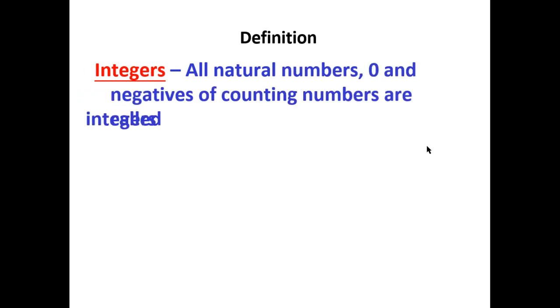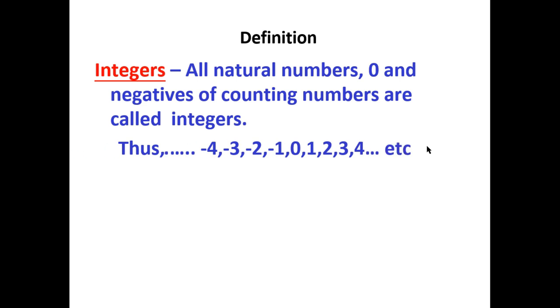Integers. All natural numbers, 0 and negatives of counting numbers are called integers. Thus, -4, -3, -2, -1, 0, 1, 2, 3, 4, etc. are all integers.